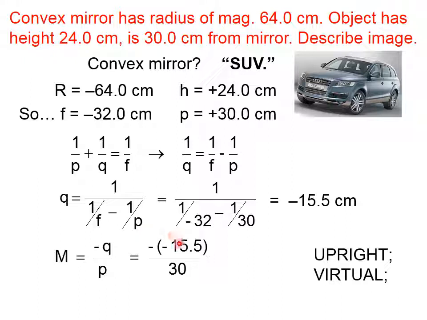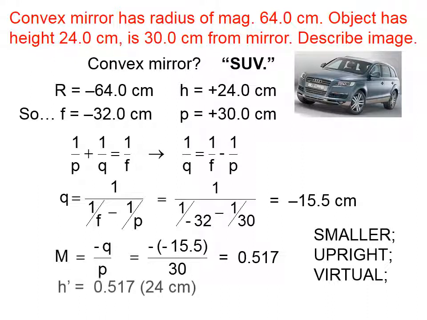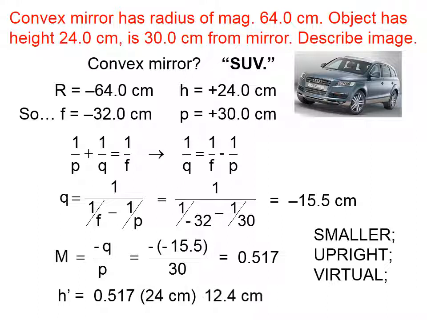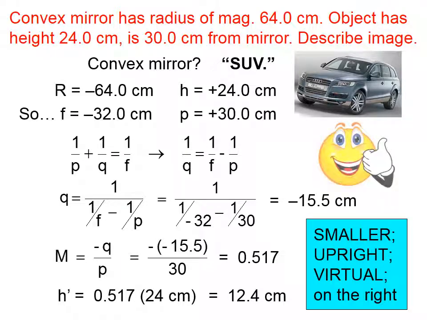Again, be careful because we're going to end up with a double negative here, which is going to give us a positive numerator. That magnification being less than 1 tells us that we have a smaller image than we do an object. And virtual images are always on the left. If you want to know the actual height of the image, we can calculate it here as 12.4 centimeters.